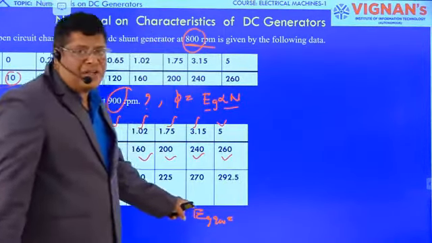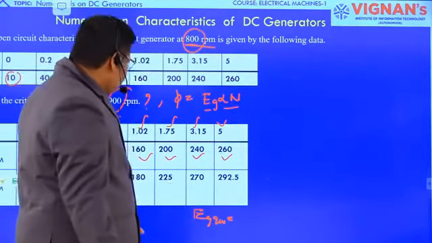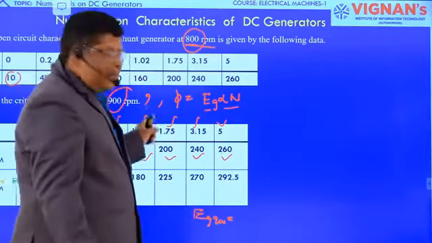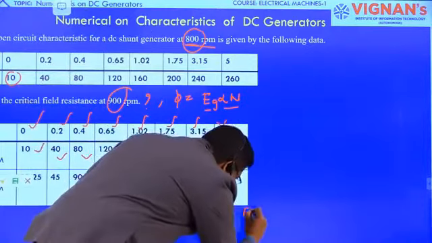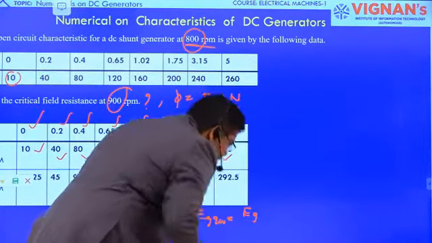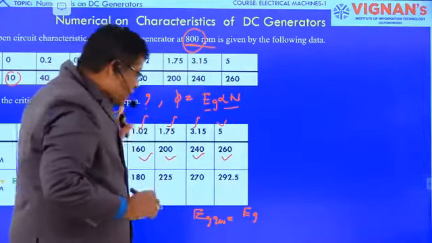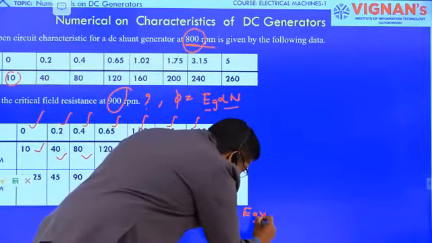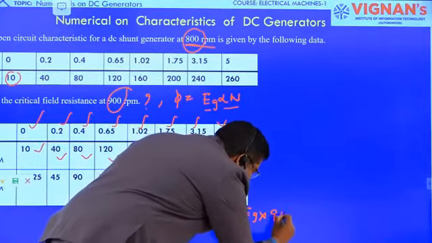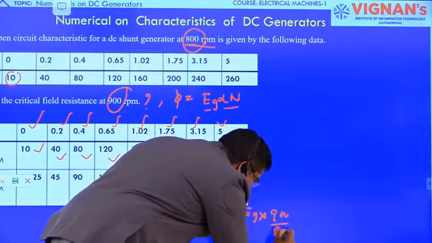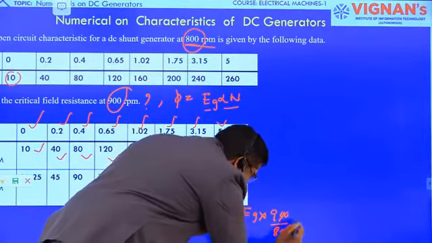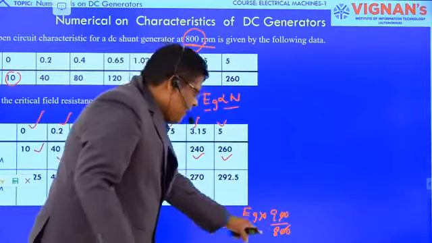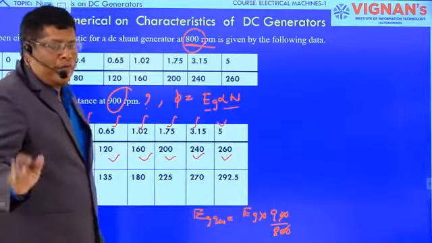The generated voltage at 900 equals the generated voltage at 800 into 900 by 800. 9 by 8 gives you 1.125.